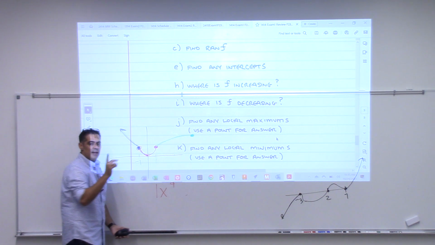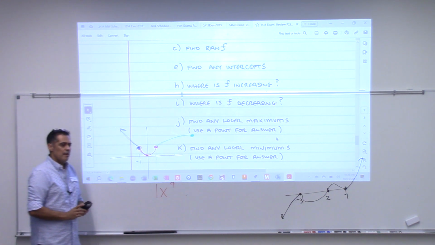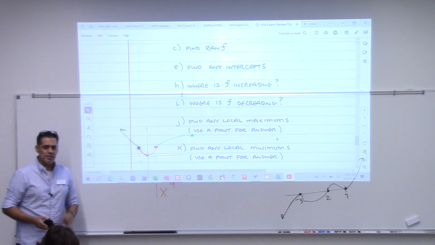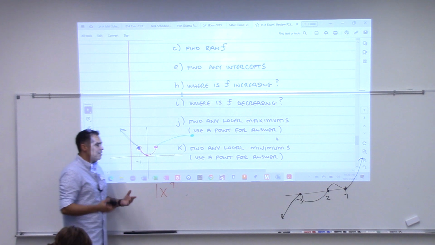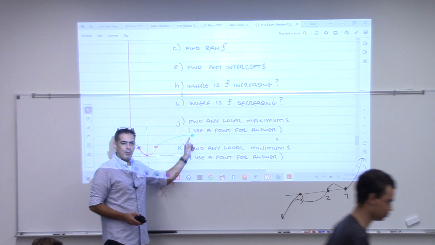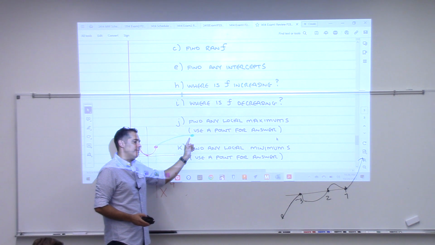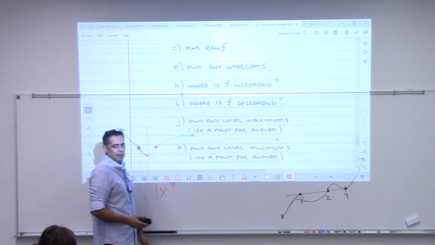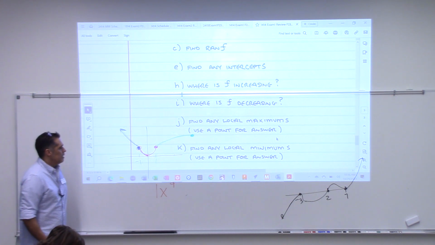I had a debate with some other faculty members here about this question, about local extreme values. Some textbooks will not consider an endpoint to be a local max or a local min, and other textbooks do, as I told you the day I covered it. We were in a pretty heated debate about it. It's inconclusive.